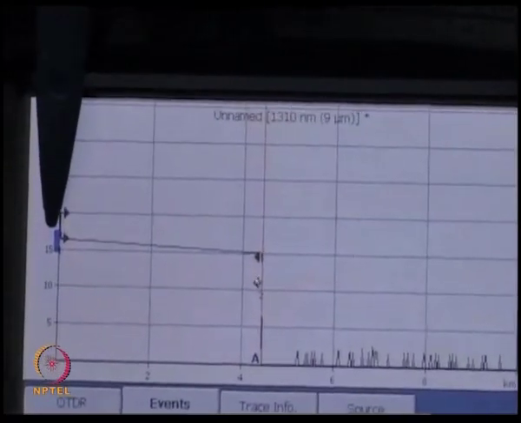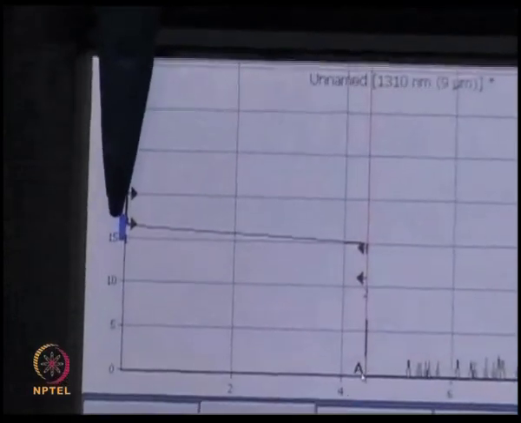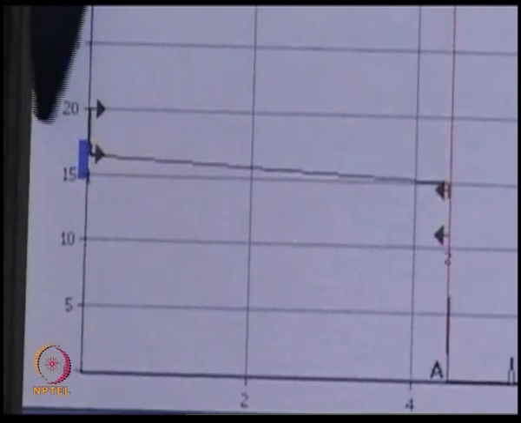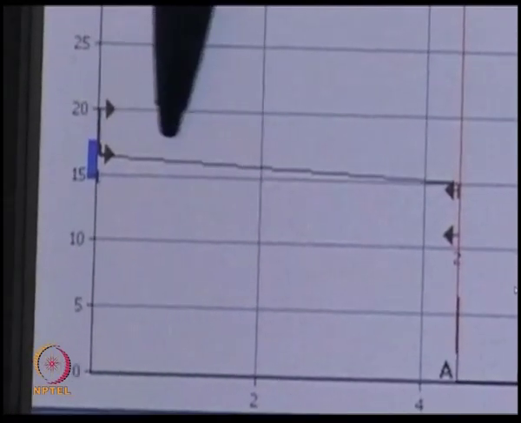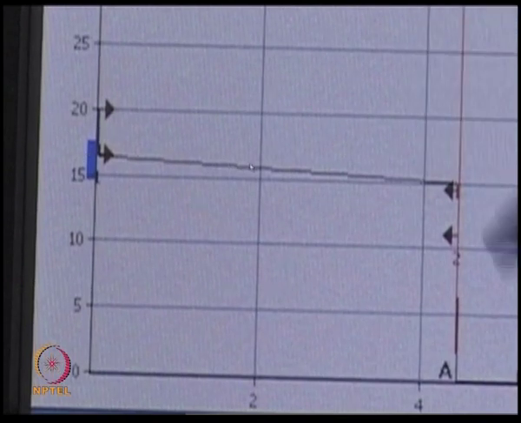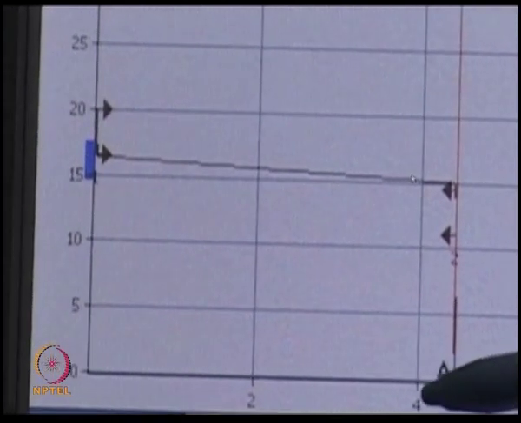And at this end there is an abrupt cutoff because the fiber has ended. Beyond this there is no trace of the scattered light. So, the sloping line here tells you the loss on the optical fiber.